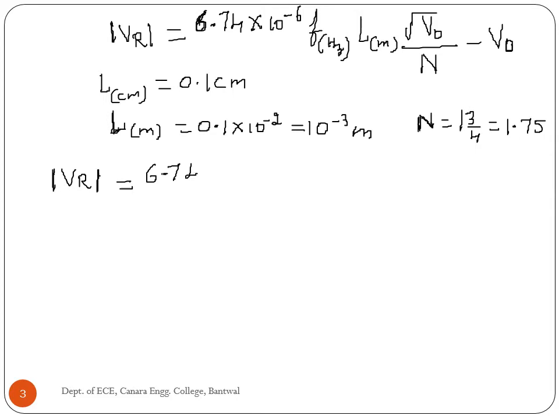6.74 into 10 to the power minus 6 multiplied with frequency is 10 gigahertz, 10 to the power 10 into 10 to the power 9.